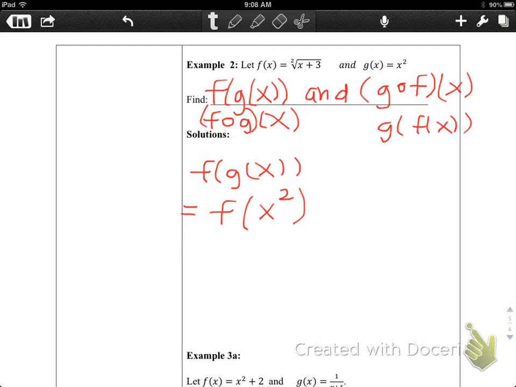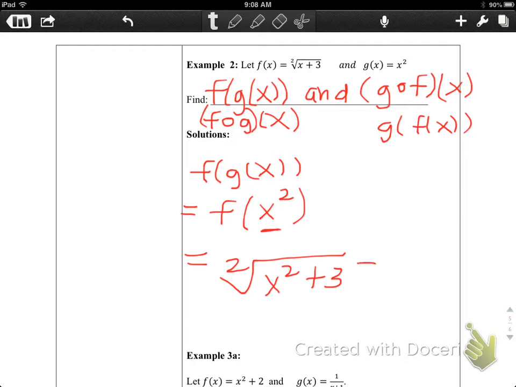Now we put this input into our f function, and that equals the square root of our input, x squared plus 3. You can't do anything else with this function. You cannot break up roots with addition. That would be your final answer.